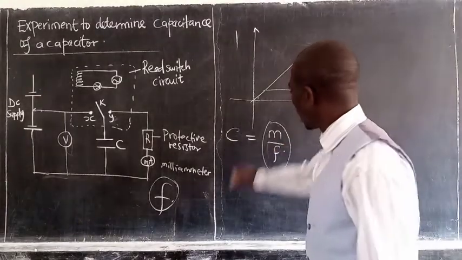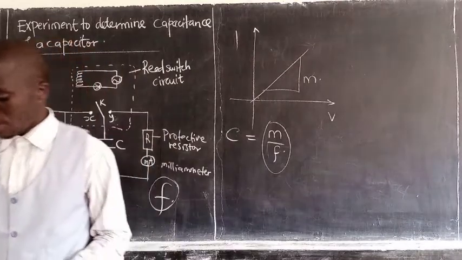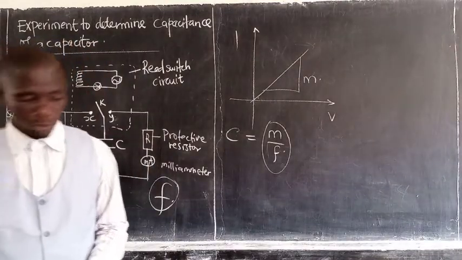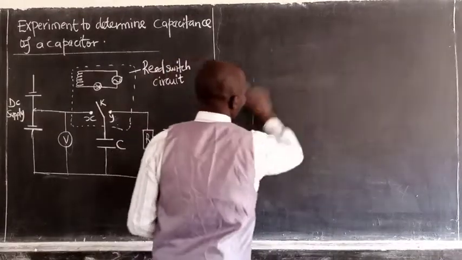How does it come to M over F? That's what I want to explain. How does it come to M over F? This is very simple.